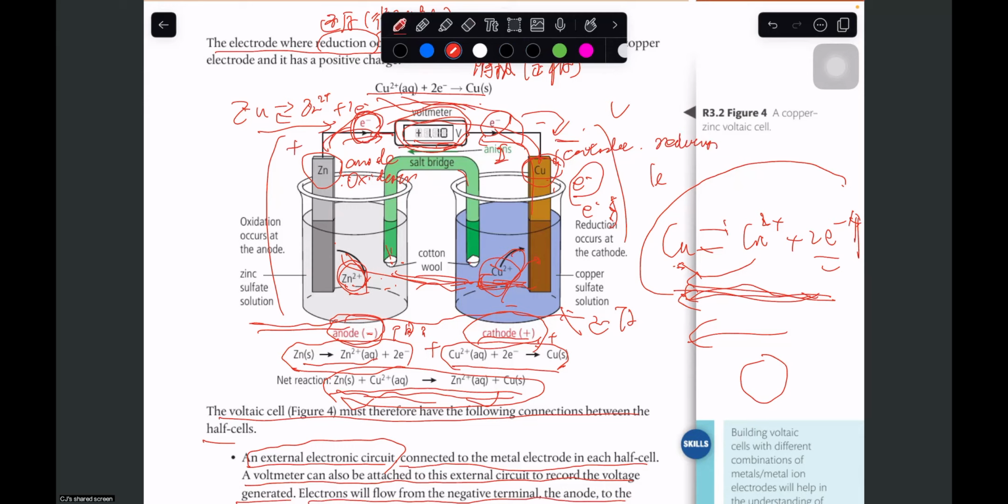We can see the electrons. The electrons flow from the negative pole to the positive pole. And in the salt bridge, we have the ions moving from the cathode part to the anode part.